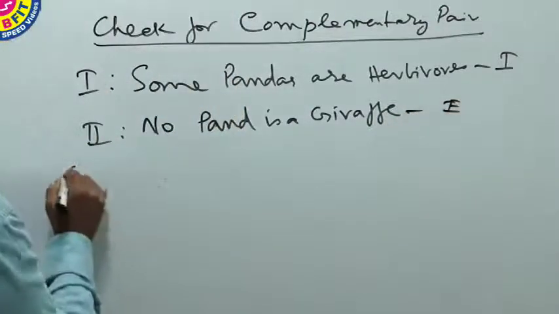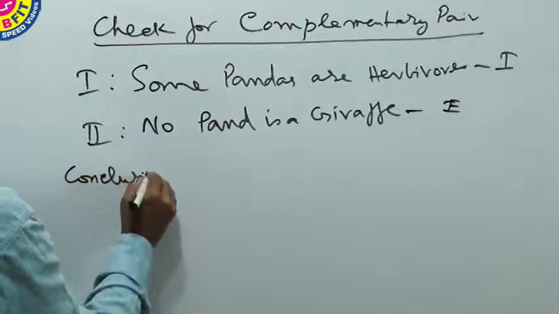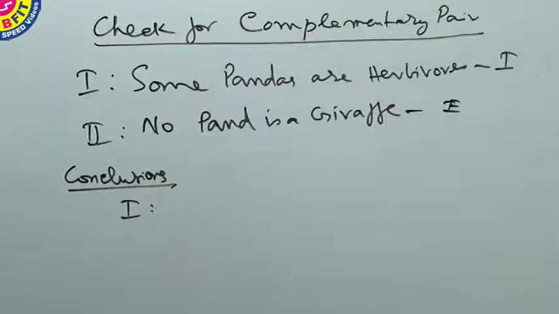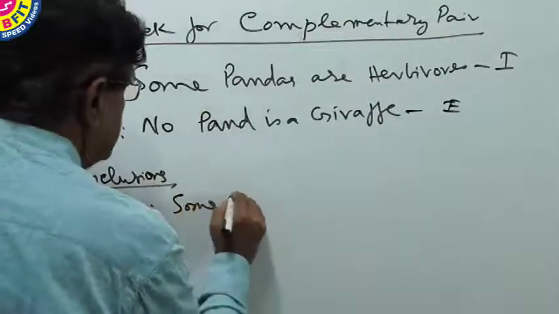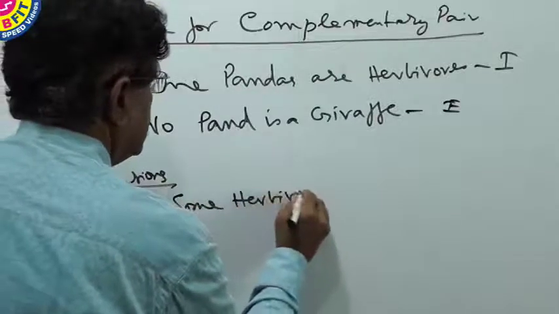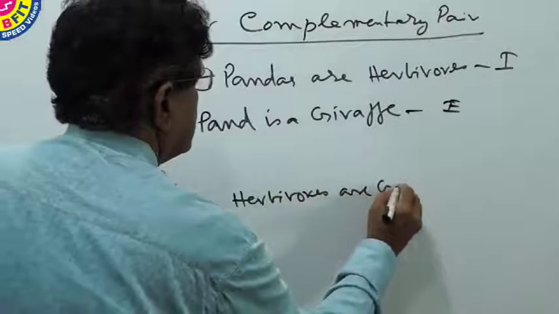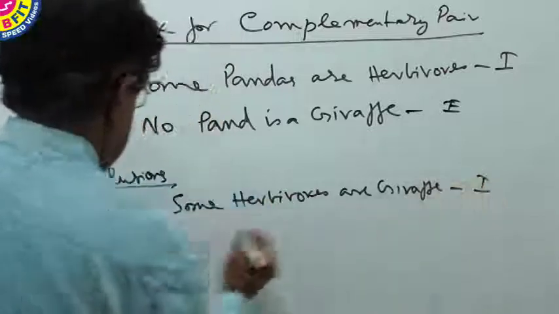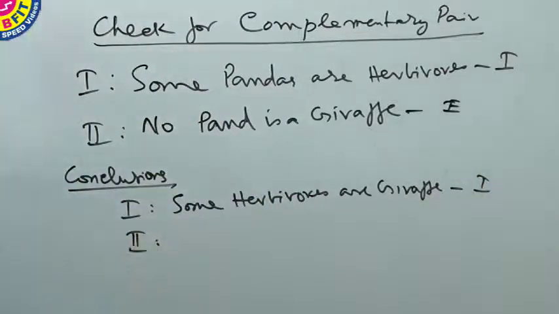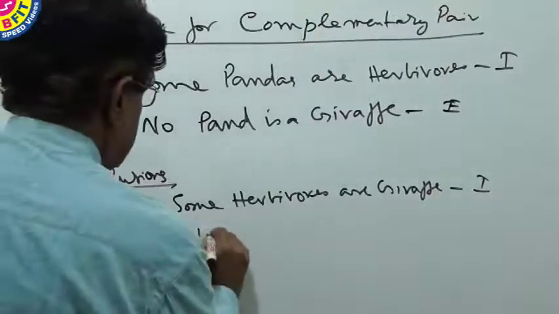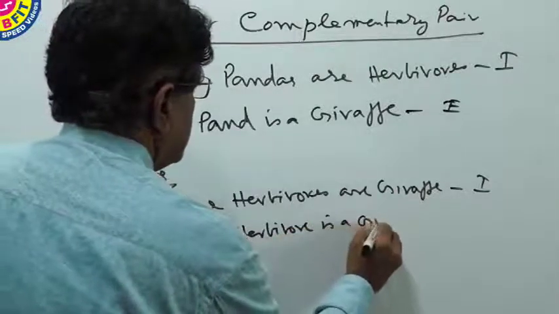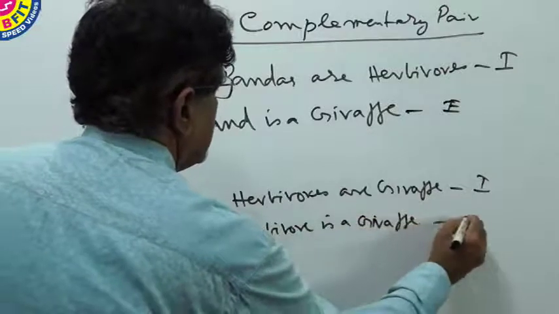What are the conclusions to be tested? 1. Some herbivores are giraffe, I-type. Then statement 2. No herbivore is a giraffe, E-type.